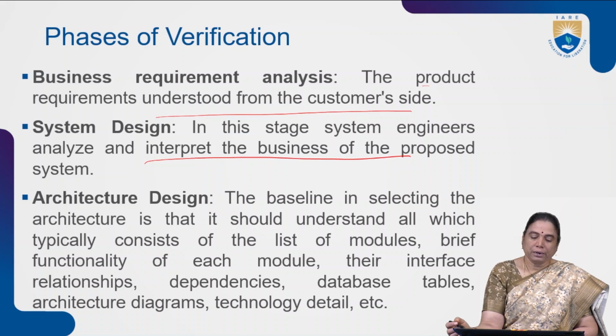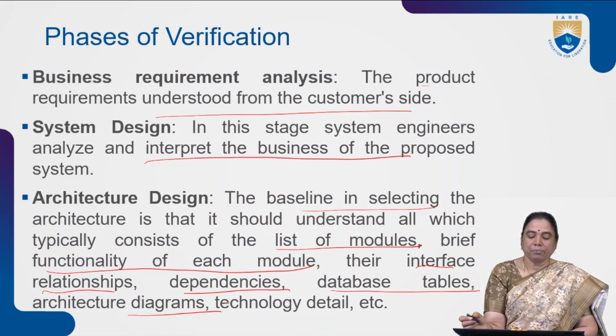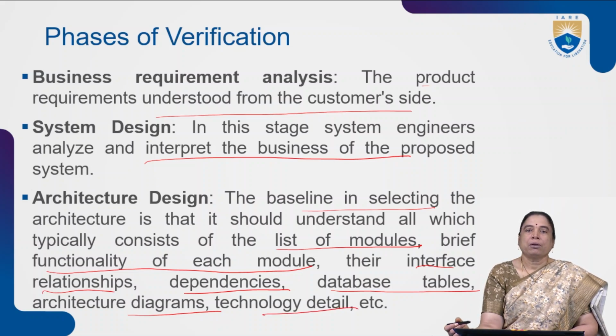The architectural design phase basically concentrates on selecting the baseline architecture, which typically consists of the list of modules, brief functionality of each module, their interface relationships, the dependencies between the modules, database tables, architectural diagrams, and technology details. All features must be represented with a set of UML diagrams.